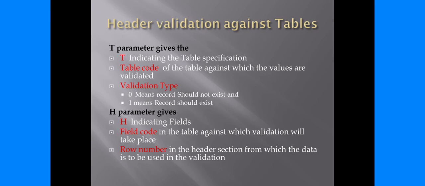Validation type. 0 means record should not exist and 1 means record should exist. H parameter gives H indicating fields, field code in the table against which validation will take place, row number in the header section from which the data is to be used in the validation.